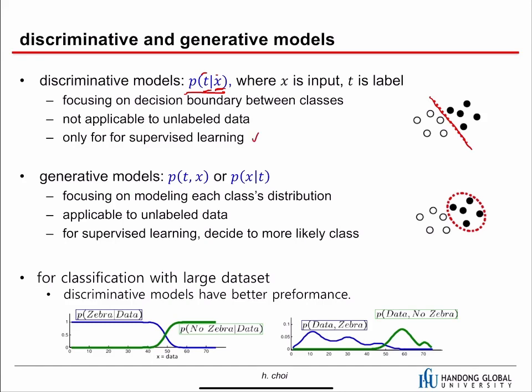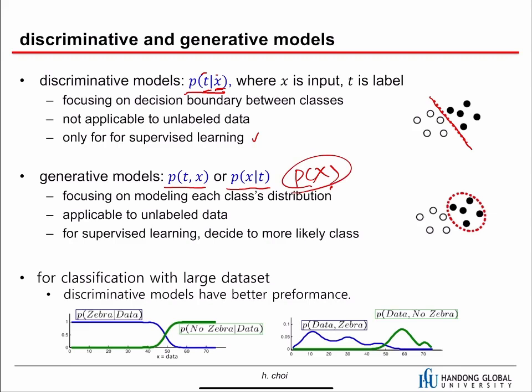But generative models are a little different. We're interested in P of T, x, or P of x given T. So basically, we are not interested in the labels. We are interested in the distribution of x, or x and t. We focus on modeling each class's distribution, or if we don't have labels, then we focus on modeling just x.